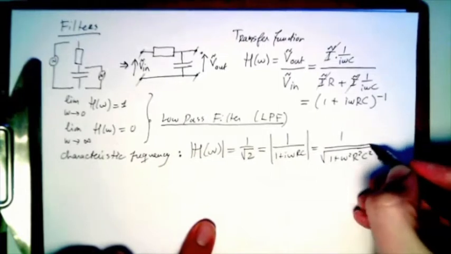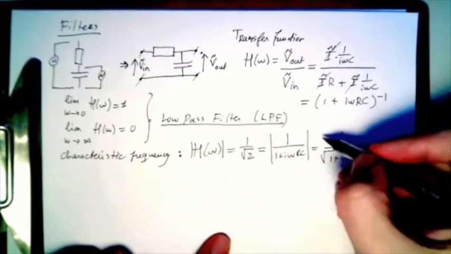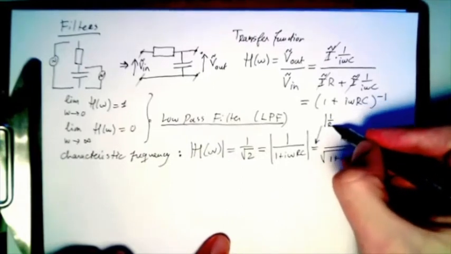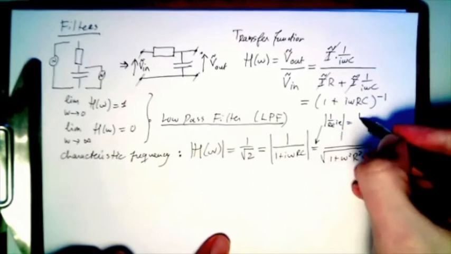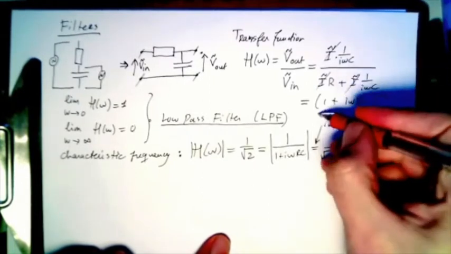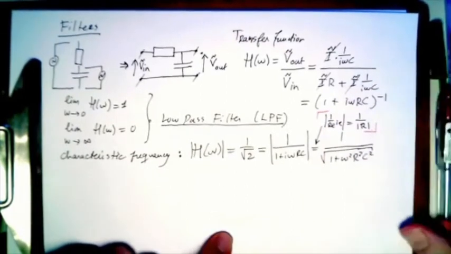I showed you this trick last lecture. Remember that the absolute value of 1 over r e to the i phi is 1 over r.